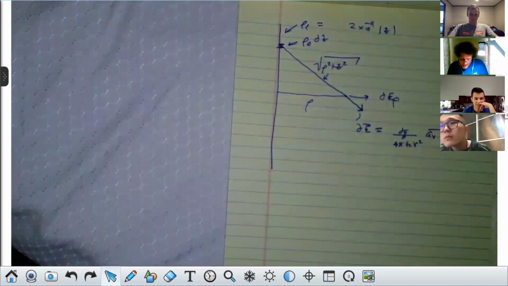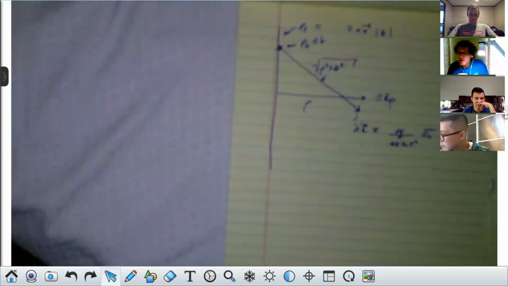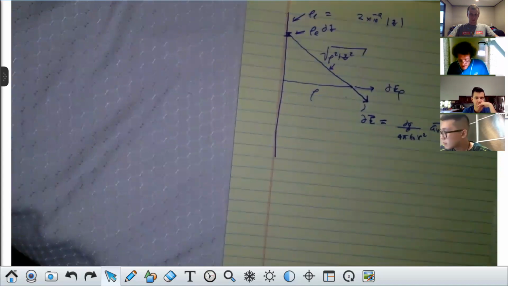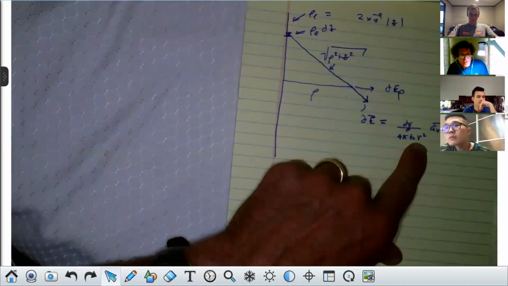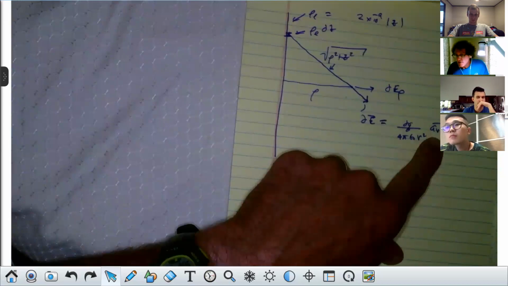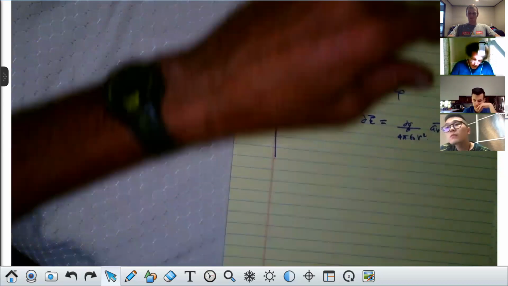Now that's the formal way to do it, right? You take the differential charge, and you divide it by 4 pi epsilon naught r squared in the a_R direction. Y'all agree?